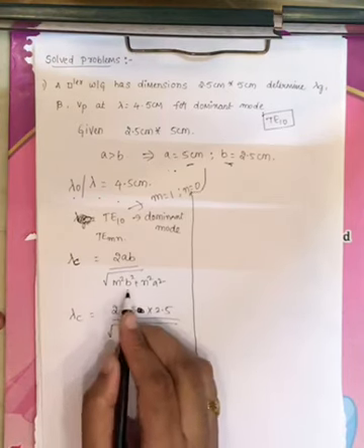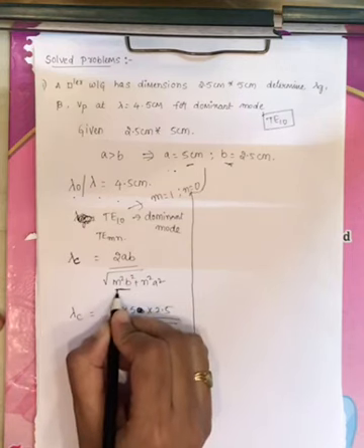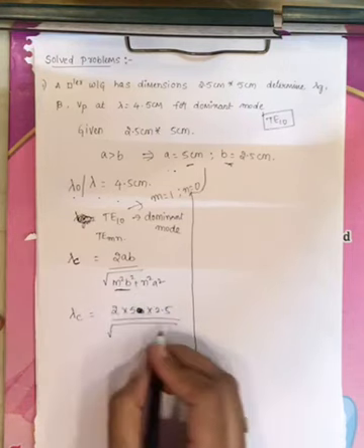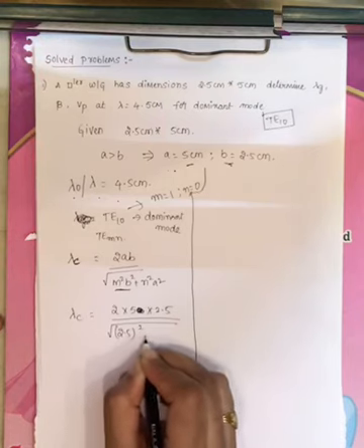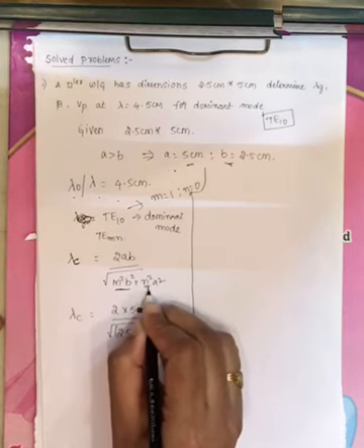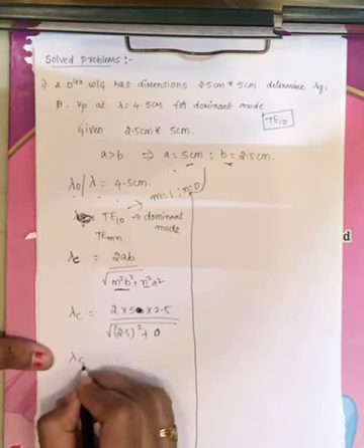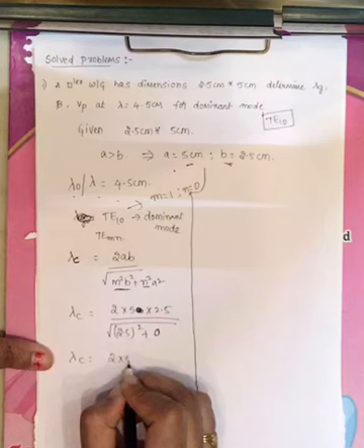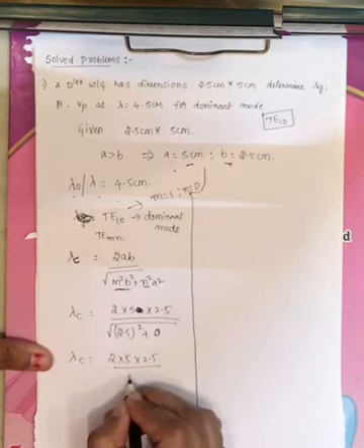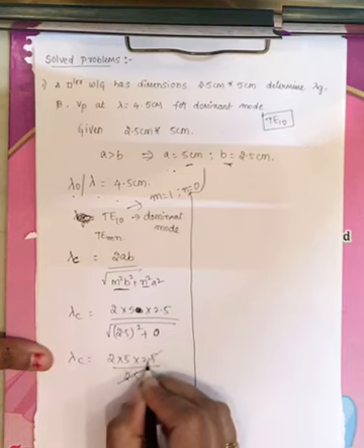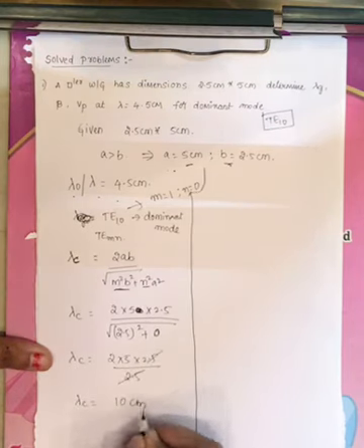You have m squared b squared: m value is 1, 1 squared is again 1, and b squared is 2.5 whole squared, and n value is 0, so that whole term you will get as 0. Now solve this. Lambda c equals 2 into 5 by 2.5. The root of 2.5 squared you will get 2.5, and this will get cancelled. Lambda c you will get as 10 centimeter, right?